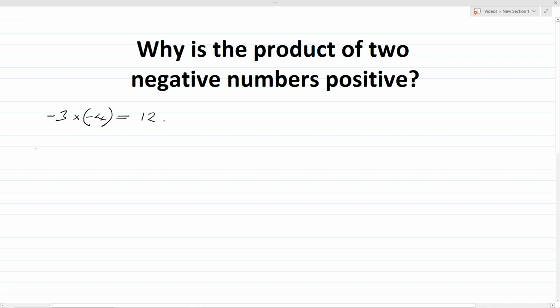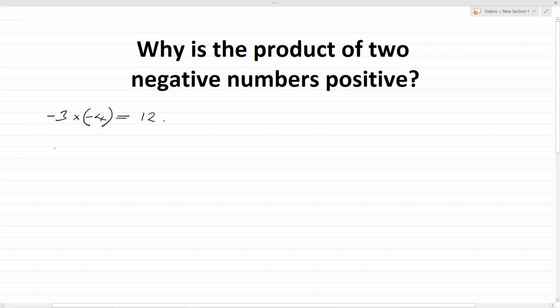Before we do that, we're going to go first into defining what 3 times 4 is. We all know what that is, but we're going to define it so that we can come to terms with what we don't know, and deduce it from what we do know.